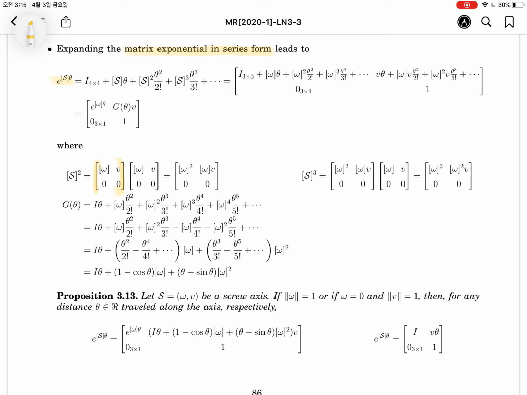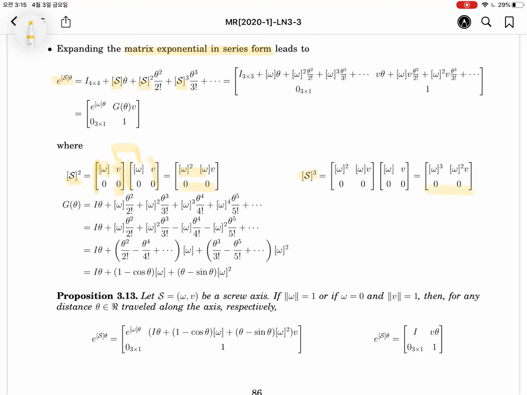It is defined as a 4x4 matrix, but it has 6 independent elements, like this matrix form of omega and v. This will be applied to here and here and here. It's very easy to obtain S squared by multiplying the same matrices with each other. Then we have this equation.